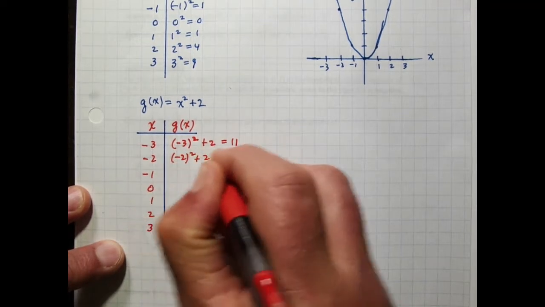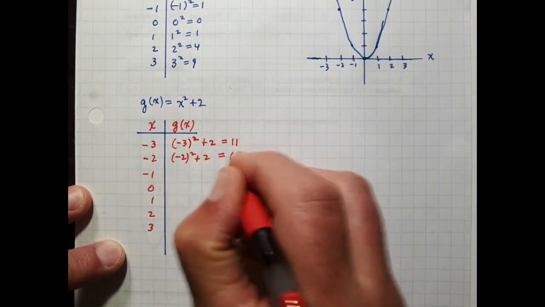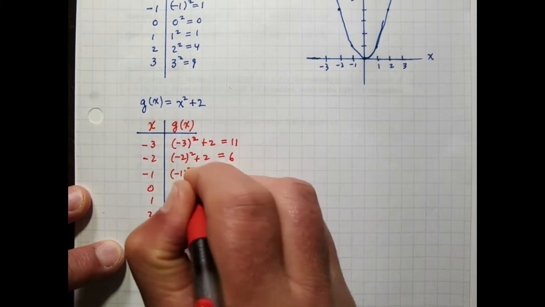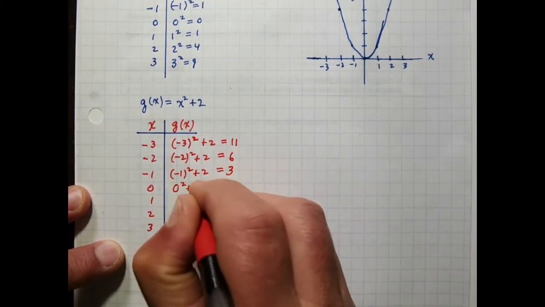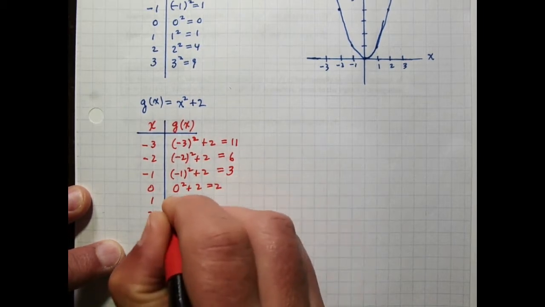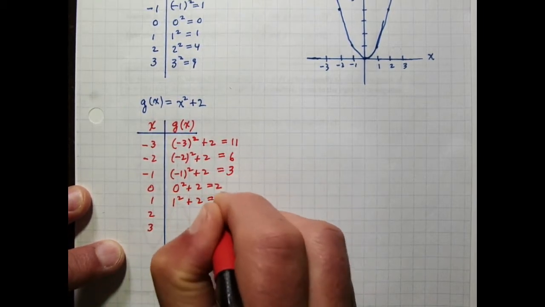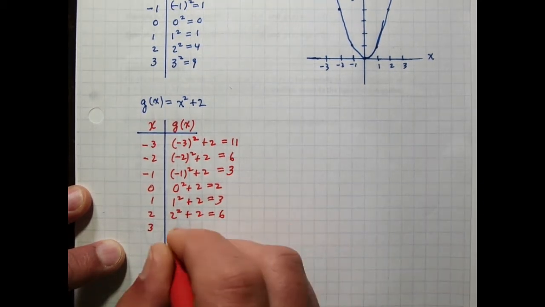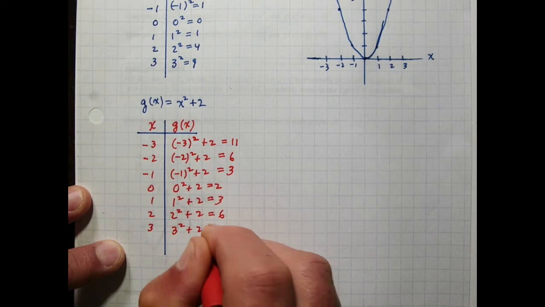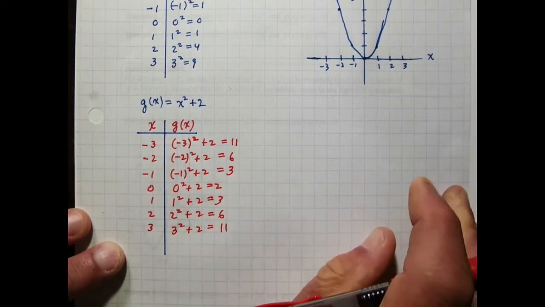At -2, I get 4 plus 2 is 6. -1 squared plus 2 is 3. 0 squared plus 2 is going to be 2. 1 squared plus 2 is going to be 3. 2 squared plus 2 is 4 plus 2 is 6. 3 squared plus 2 is 9 plus 2 is 11.